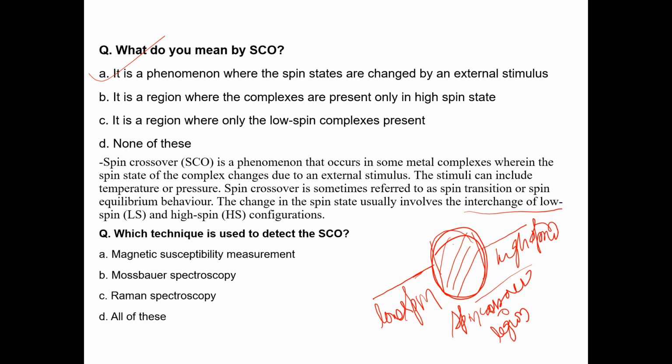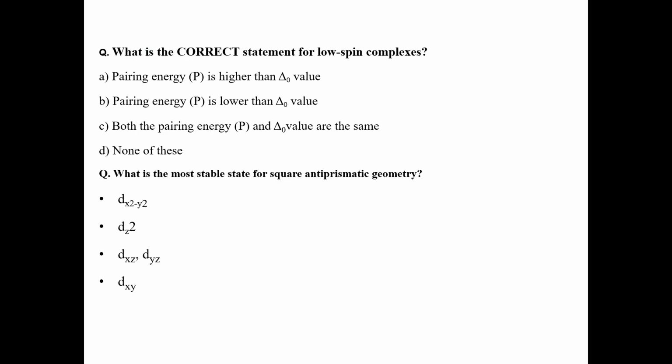So which techniques can be used to detect the SCO? All these techniques can be used: magnetic susceptibility measurement using Gouy balance, Mossbauer spectroscopy, Raman spectroscopy. What is the correct statement for low spin complexes? So you know delta naught is less, so pairing energy will be higher than the delta naught value.